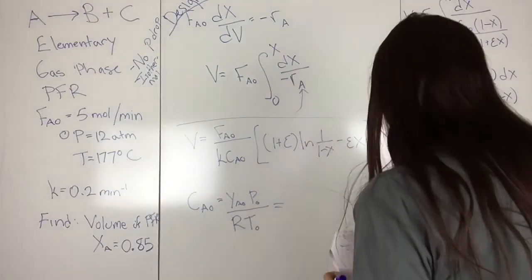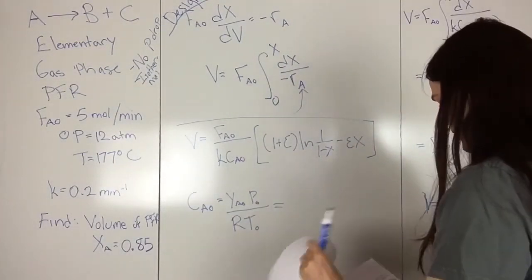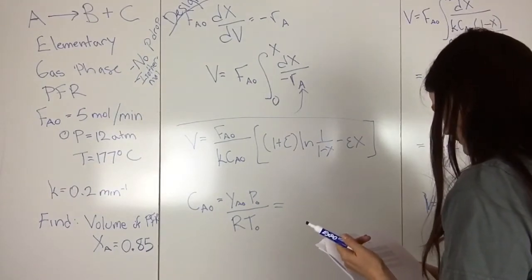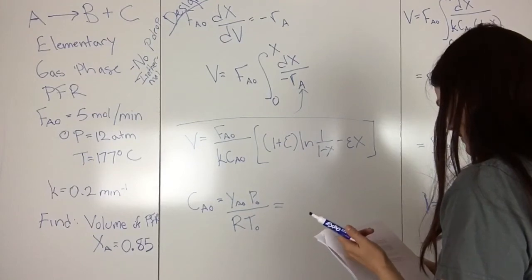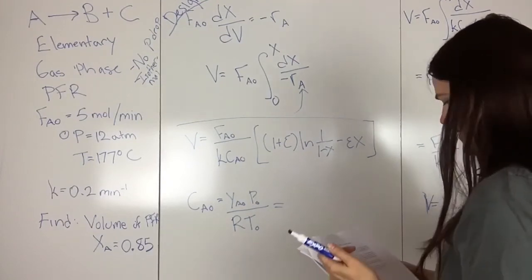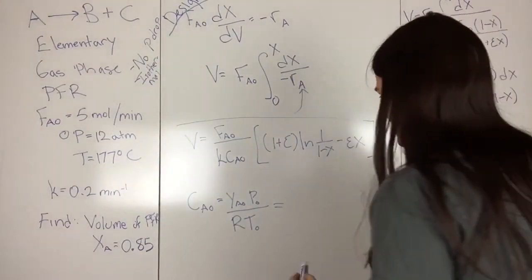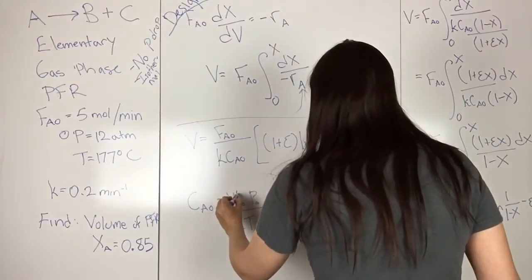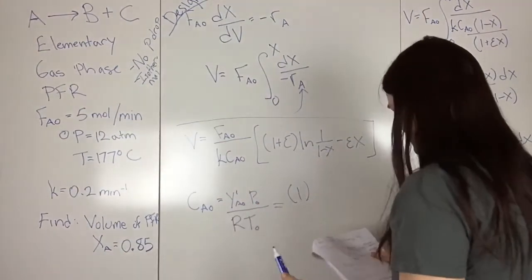We know that ya naught is 1 because the problem statement says the molar flow rate of pure A, so there's nothing else in the mixture. So ya naught is equal to 1.